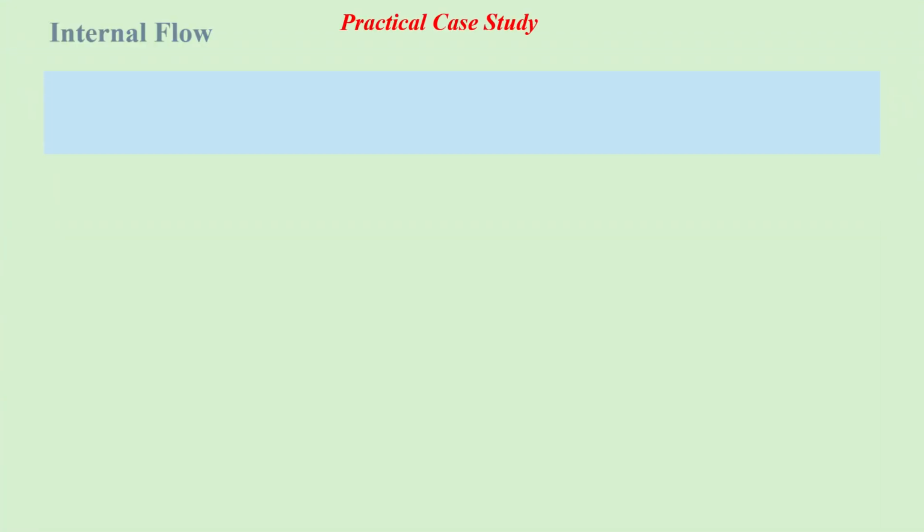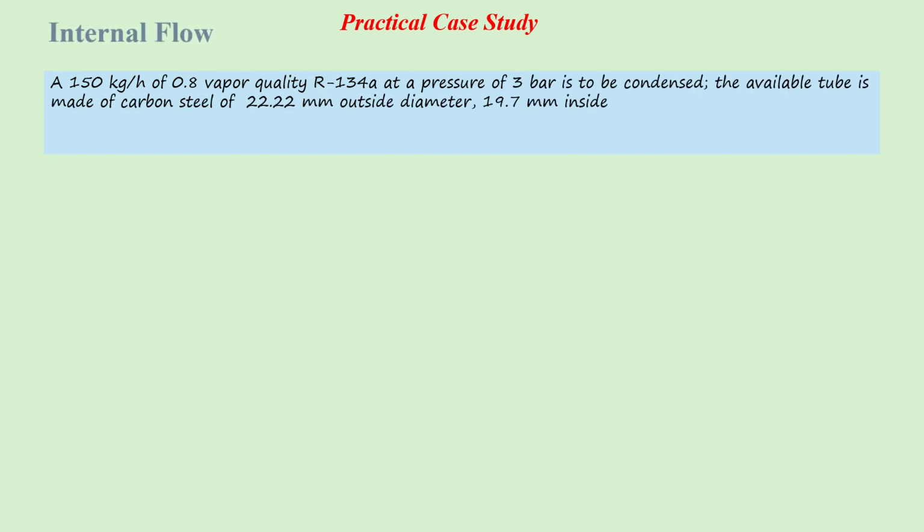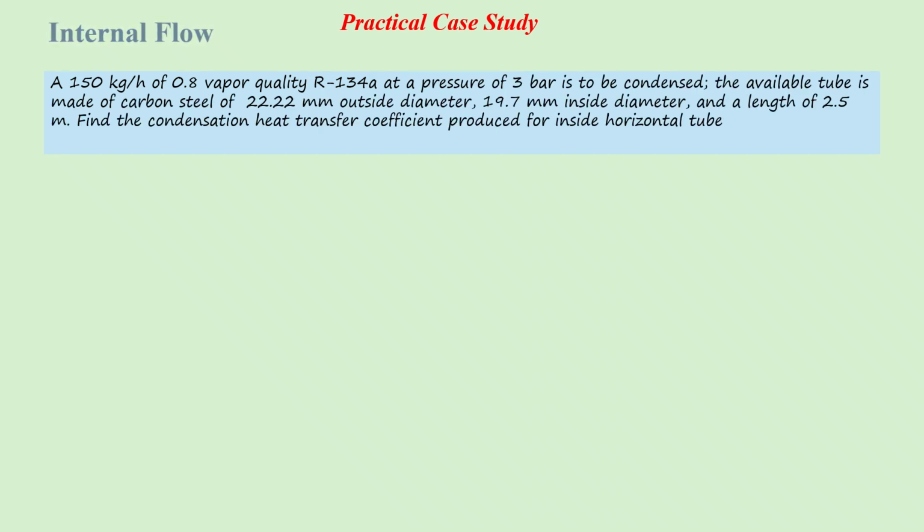The practical case study which we are going to present in this video is related to a condensation process in a horizontal tube for refrigerant R134A at a pressure of 3 bar with a flow rate of 150 kilogram per hour and a vapor quality of 0.8.